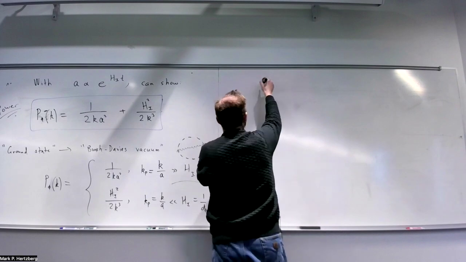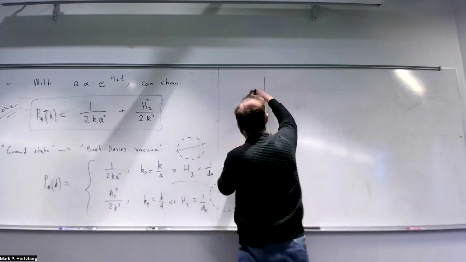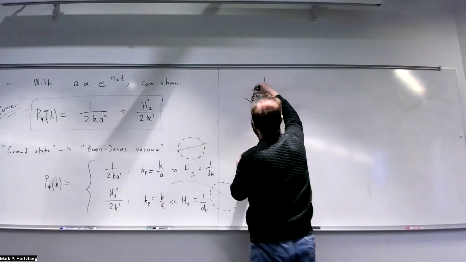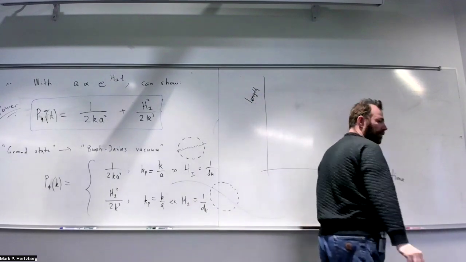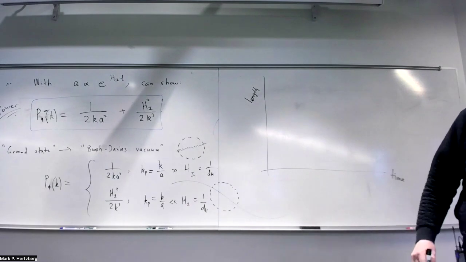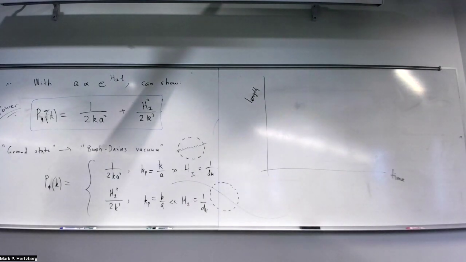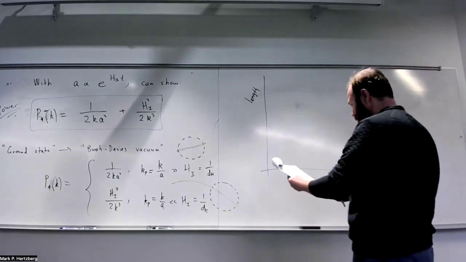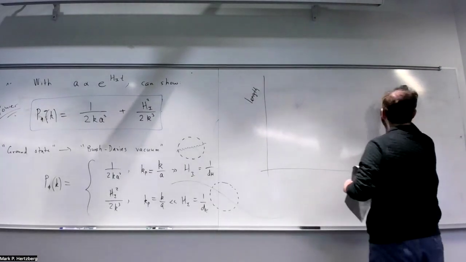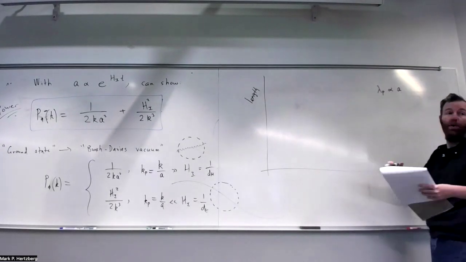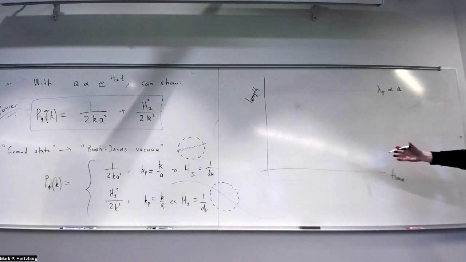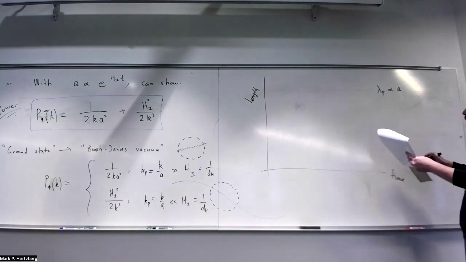Maybe we can have a little plot of our length versus time. We did this a couple of lectures ago. If you recall, a physical wavelength always grows with the scale factor, it just stretches.